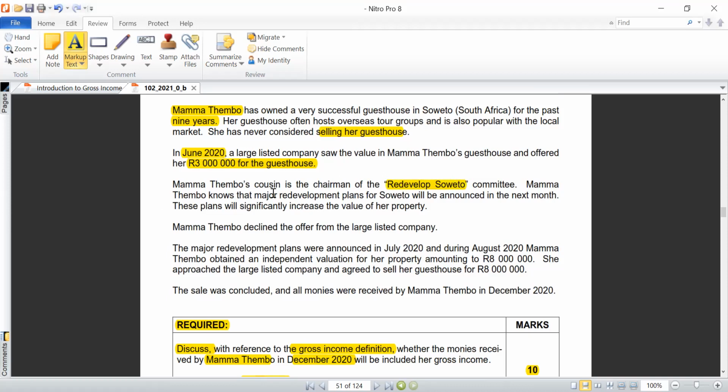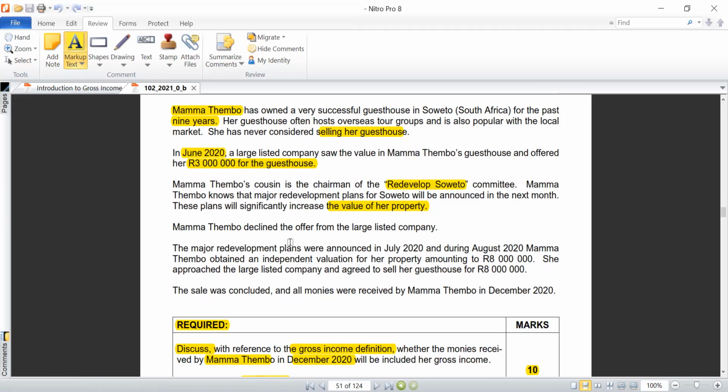Mama Tembo knows that major redevelopment plans for Soweto will be announced in the next month, and these plans will significantly increase the value of a property. Mama Tembo declined the offer from the large listed company. So what is the offer that she has declined in this case? It is the 3 million rand that she was offered in June 2020.